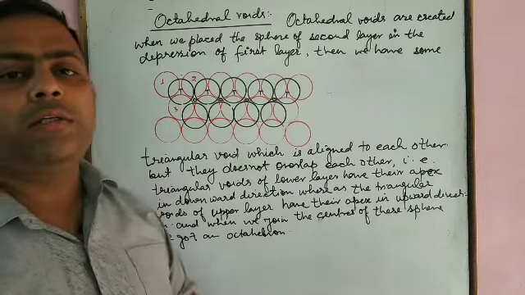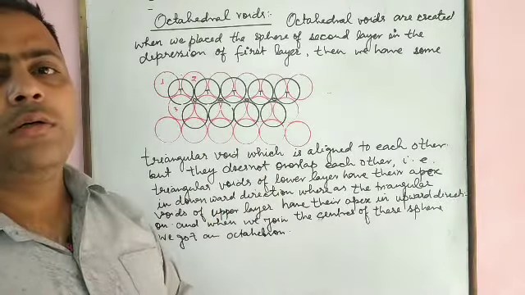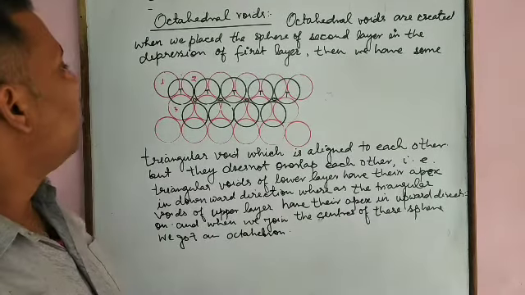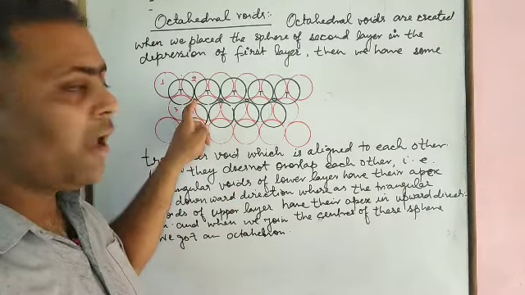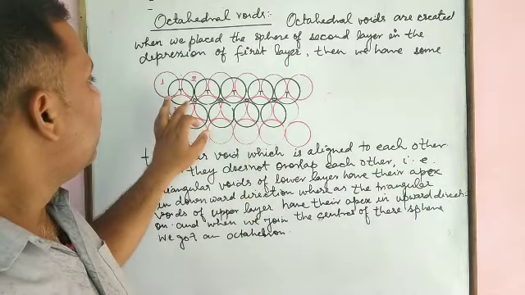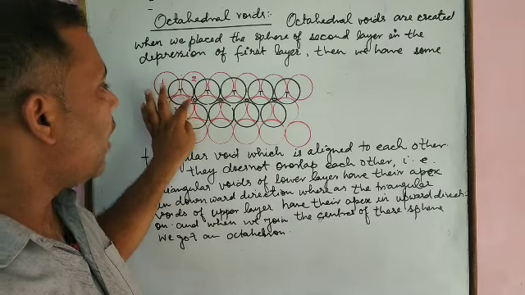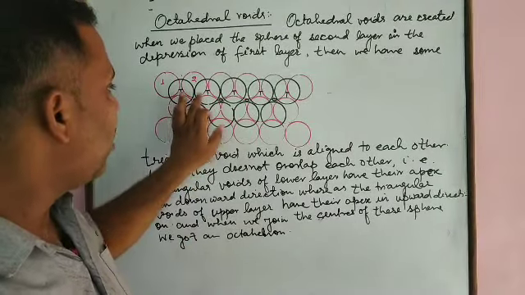Next, octahedral voids are created when the voids of the first layer are aligned to those of the second layer, but they are not going to overlap.